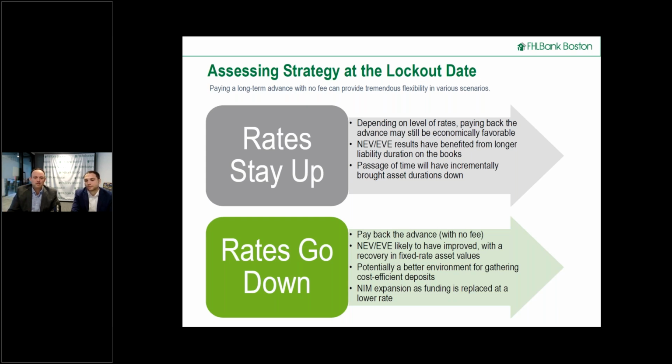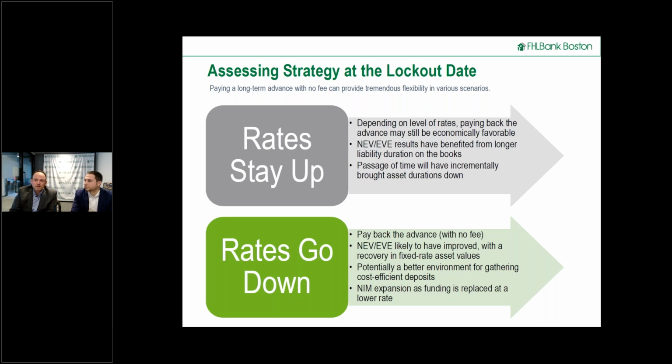Ideally, it could be deposits at 0, 1, 2, 3%. And if you're in a position to need wholesale funding in the rate down assumption, you're going to have some savings there as well. You also may see an acceleration in cash flow in terms of prepayments or amortization of the asset side of the balance sheet.